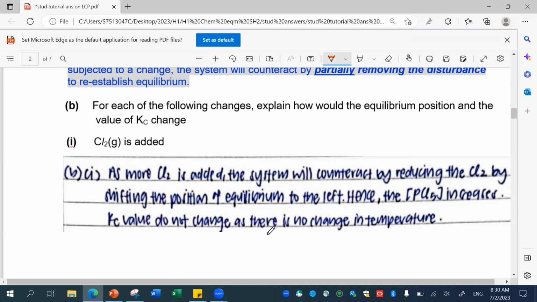Then she went on to elaborate that Kc has no change, because no change in temperature. Because sometimes the question will require you to explain. So do not just say Kc unchanged. Justify why you know that there's no change.